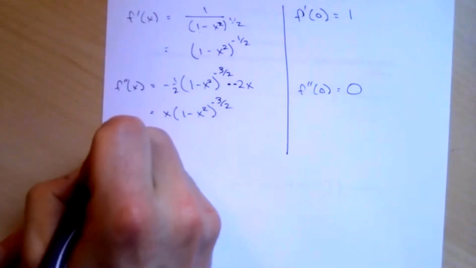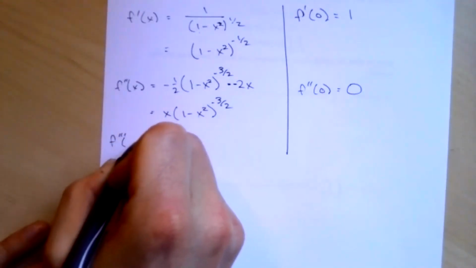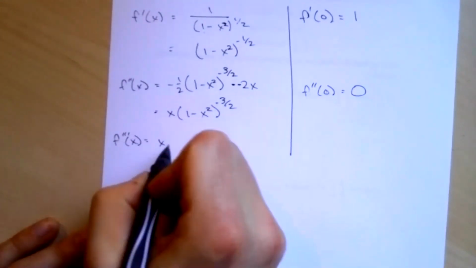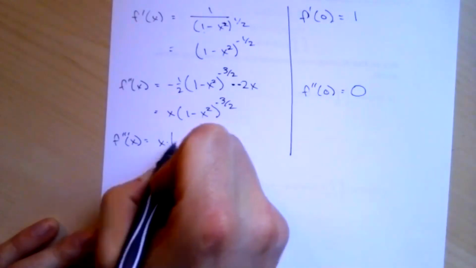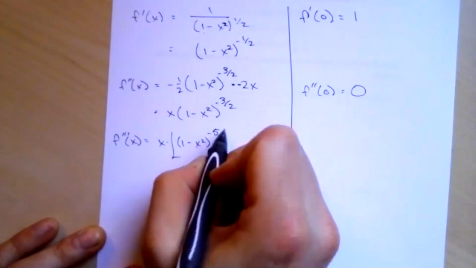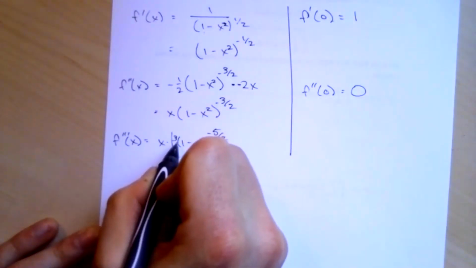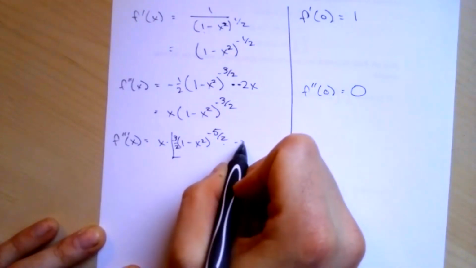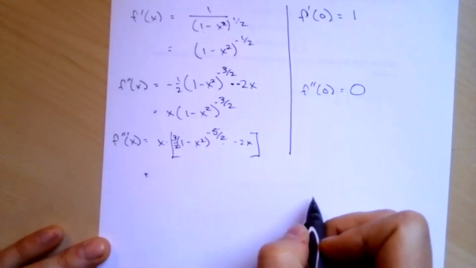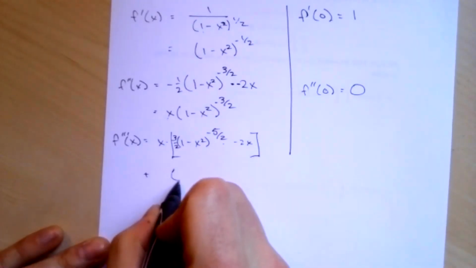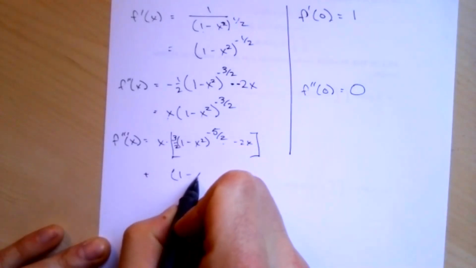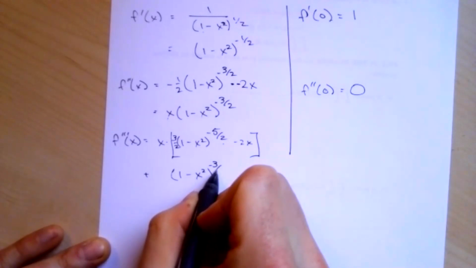But now we've got a little bit of an issue. What's going to happen when we take 3 derivatives? It starts to get complicated because we have this product. So now we've got a product rule. The first term times the derivative of the second is going to give us 1 minus x squared to the minus 5/2, and we'll have a minus 3/2 times a minus 2x, plus the derivative of the first term times the second, so 1 minus x squared to the minus 3/2.